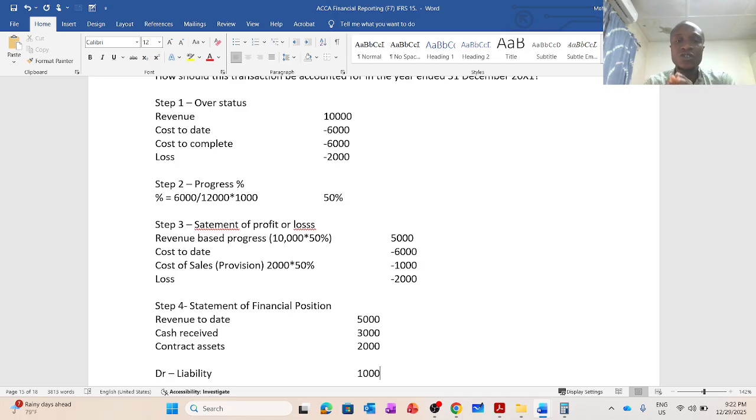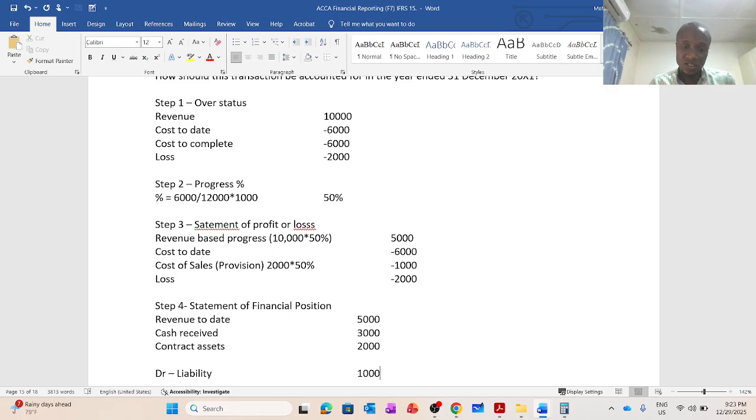And what you need to know as a student, you need to know each of the stages in contract costing, the 4 stages that we are going to use to calculate the computation, whether it's the profitability, the percentage of progress, the revenue that we are going to recognize, the cost to date, or the provision, whichever step. Why is it important for you to know? Because especially for financial reporting F7 students, in the objective test questions, you will be asked to calculate any of the components.